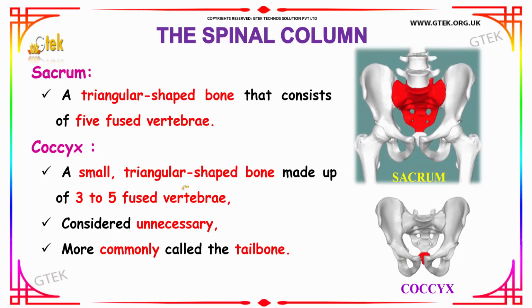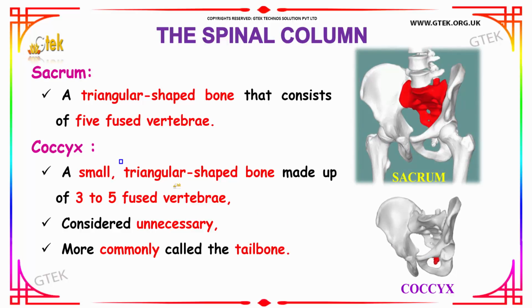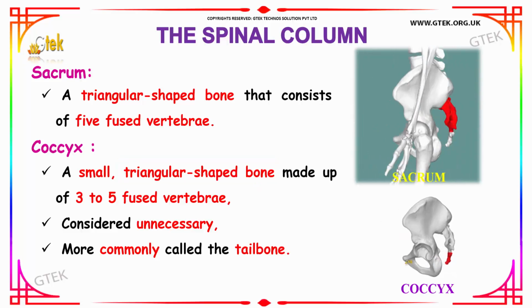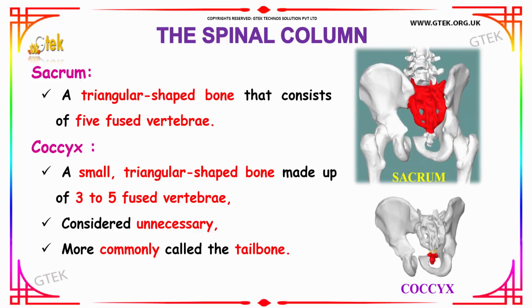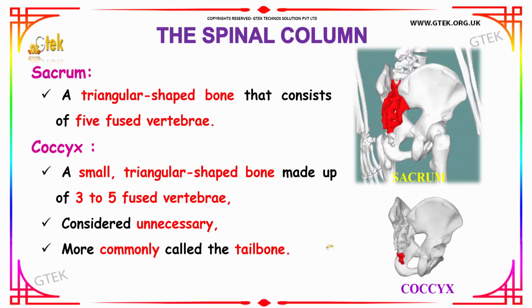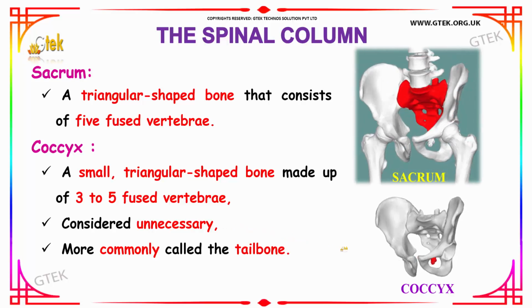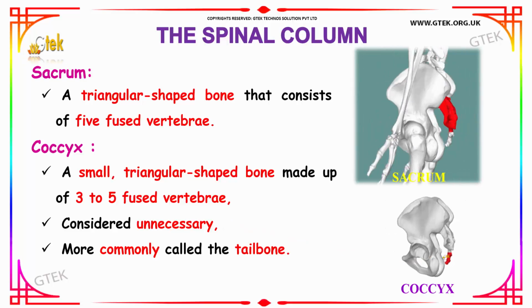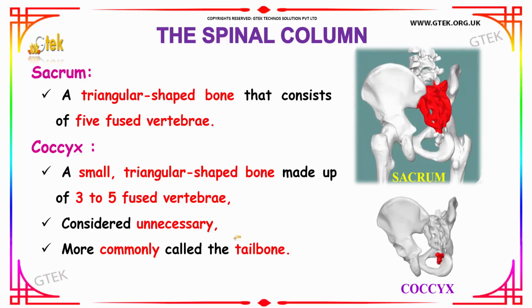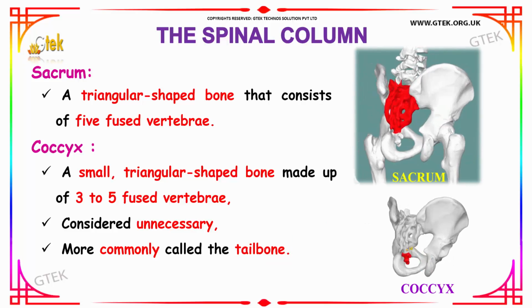It is a small triangular shaped bone, made up of 3 to 5 fused vertebrae. It is more commonly known as the tailbone, and it is not of much importance.